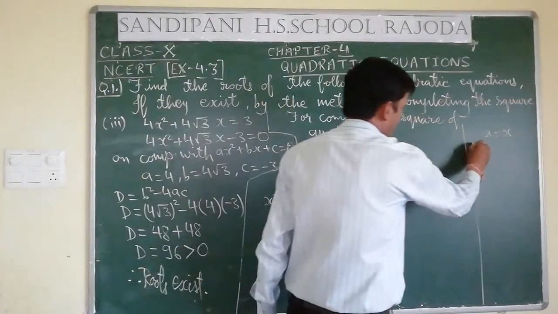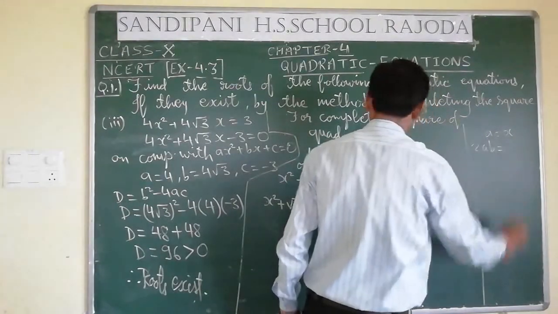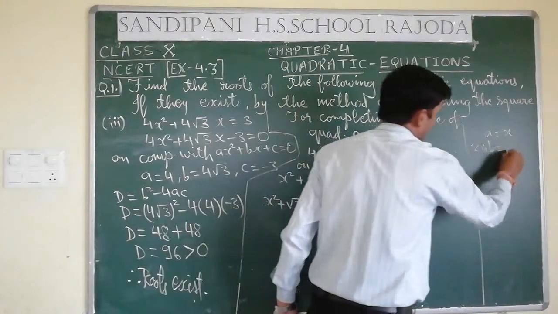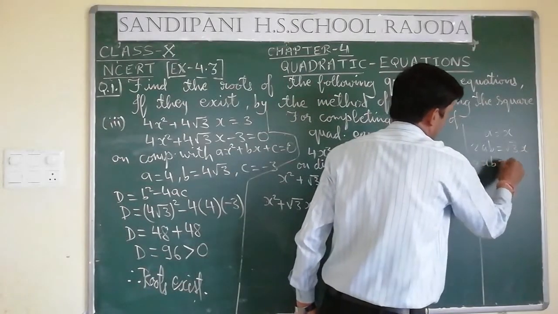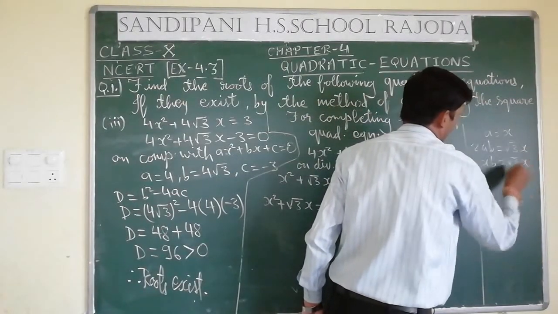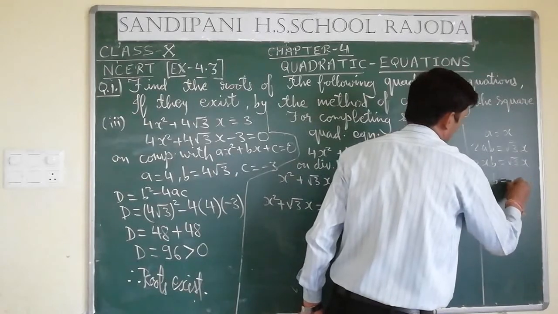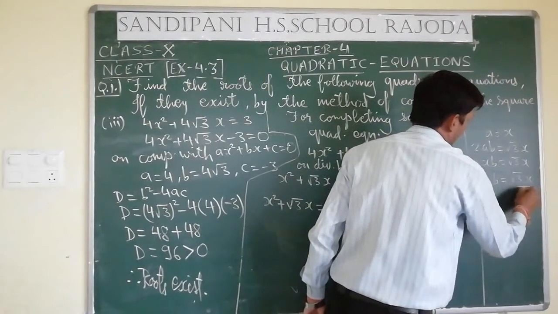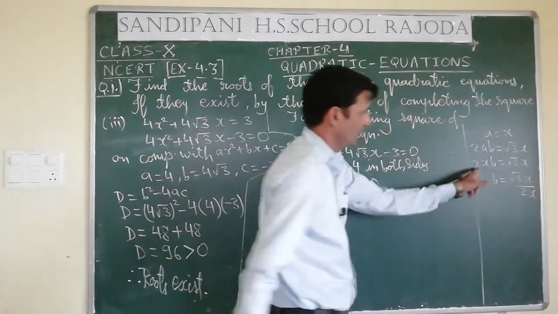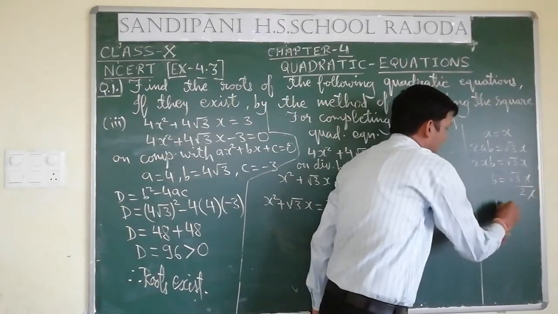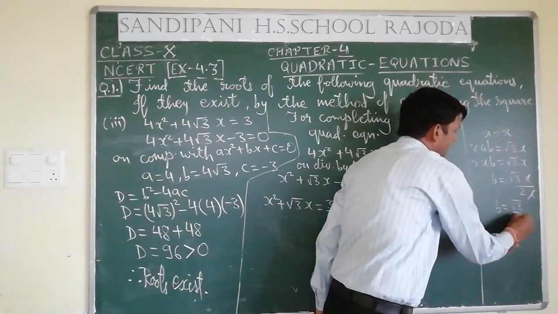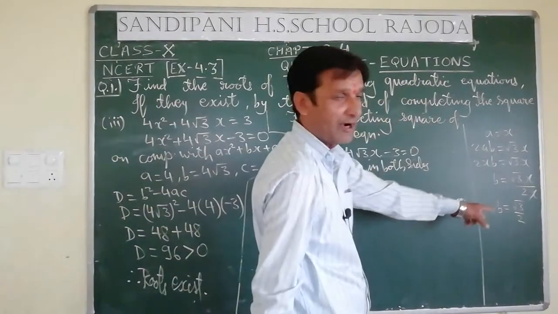Means A is equal to x and 2AB is equal to root 3x. 2xB is equal to root 3x and B is equal to root 3x upon 2x. X is cancelled. B is equal to root 3 by 2.